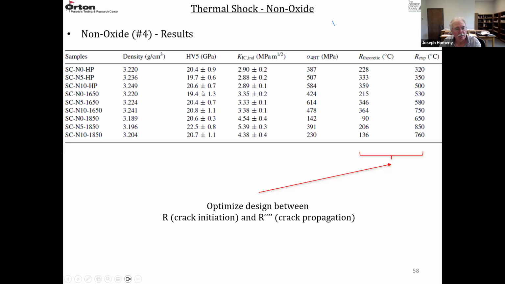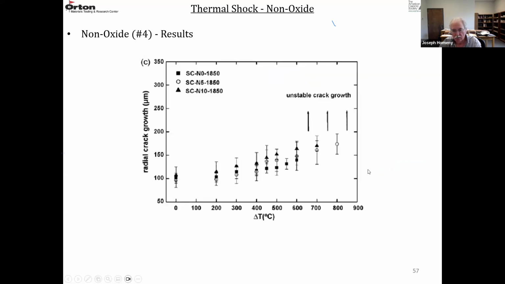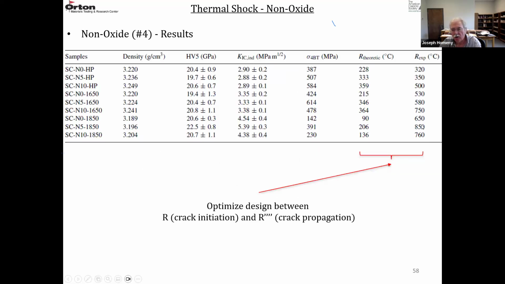So this was the same table I showed a few minutes ago with density, Vickers hardness, K1C, fracture strength, theoretical R values that were calculated. Then these R's that were taken off the curves, off the plot.